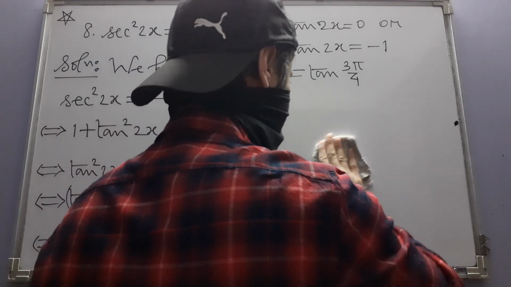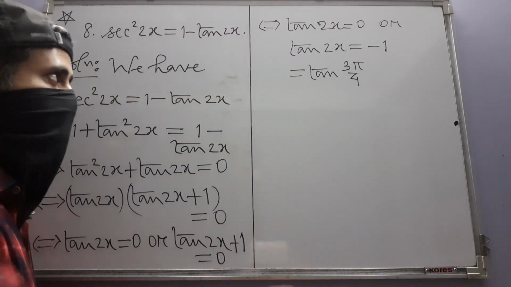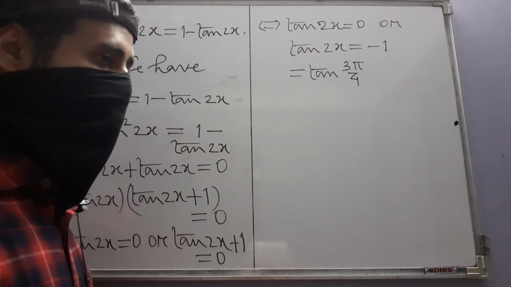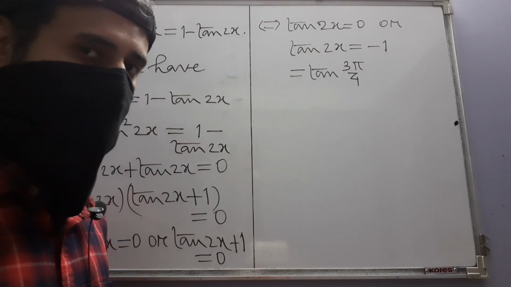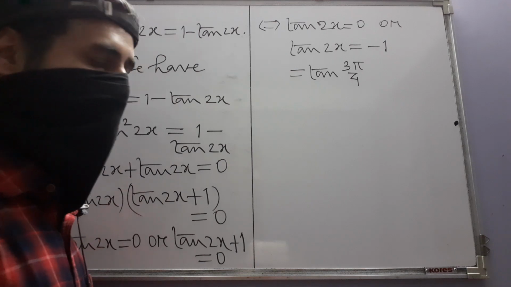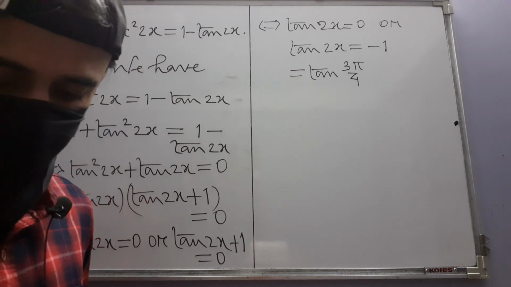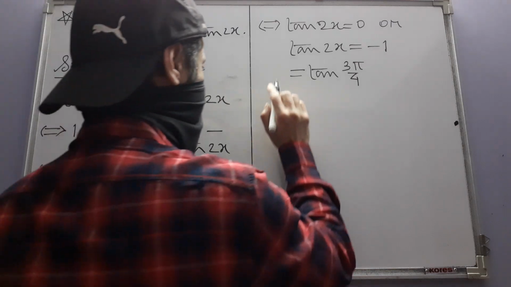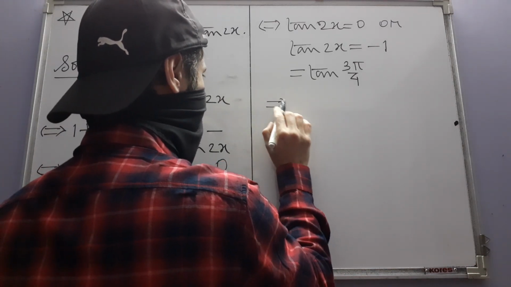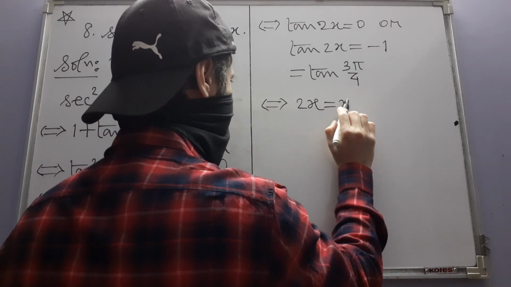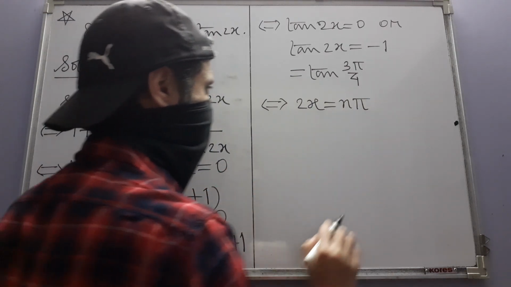So now we are ready to write the general solution. When does tan of something become 0? Precisely when sine becomes 0, because cos is in the denominator, it has nothing to do with making anything 0. It just has to be non-zero. And that happens when 2x is of the form n pi.